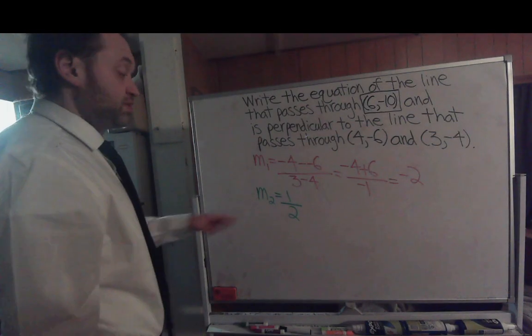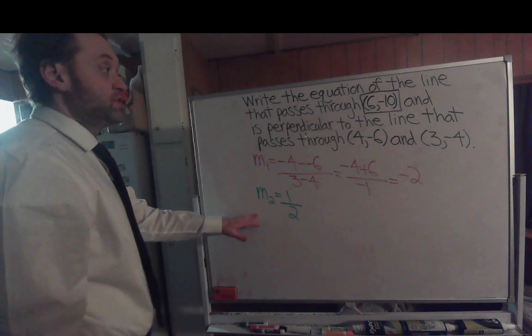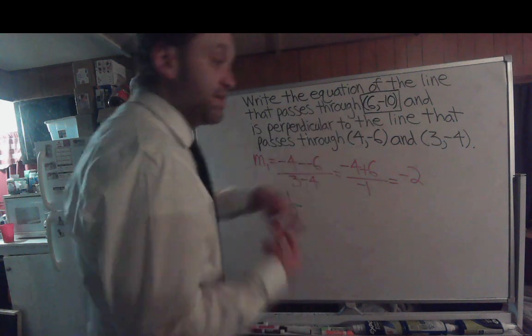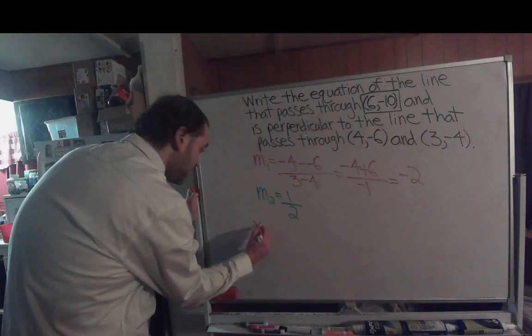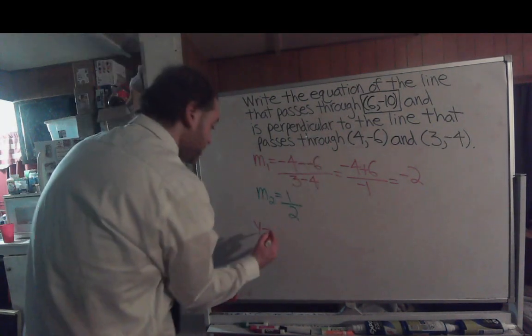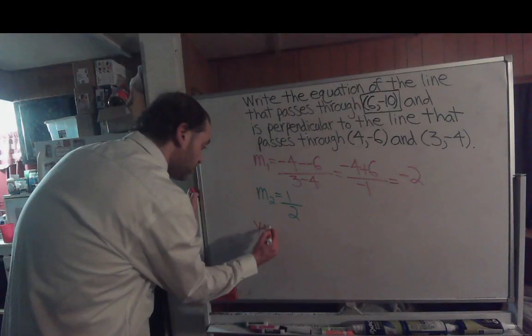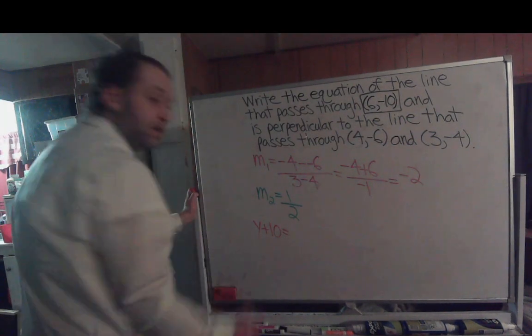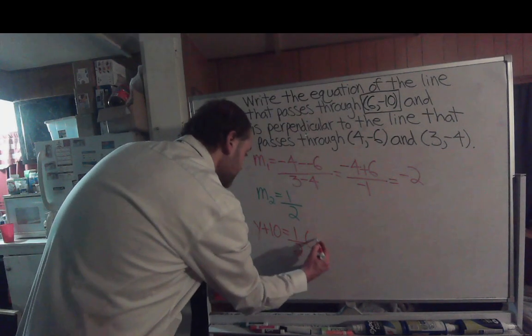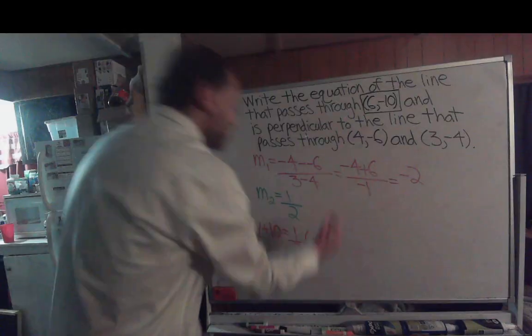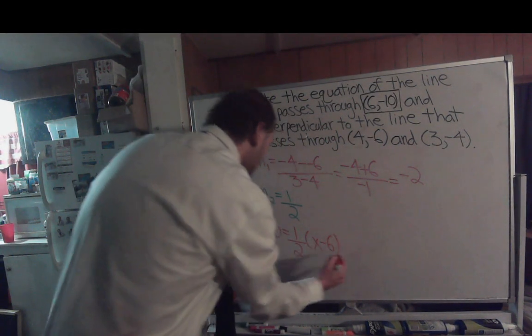Now, since we know the slope of the perpendicular line, just put your point (6, -10) into your point-slope form. So take y minus your y coordinate of -10, which turns into y plus 10. That's going to equal your slope of 1/2 times the quantity x minus your x coordinate of 6.